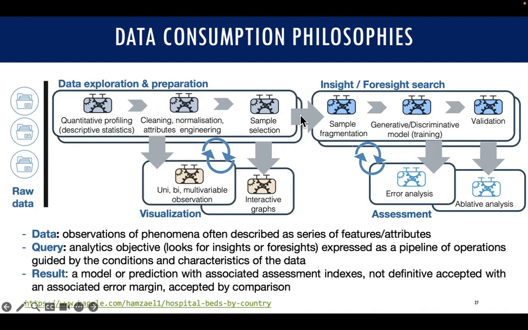Once we have done this, in fact, what we produce is a data set prepared for answering the question that drives this whole pipeline, okay? The second part of the pipeline refers to which are the mathematical or machine learning or artificial intelligence models that I am going to apply in order to analyze this data set and produce some model with its assessment.